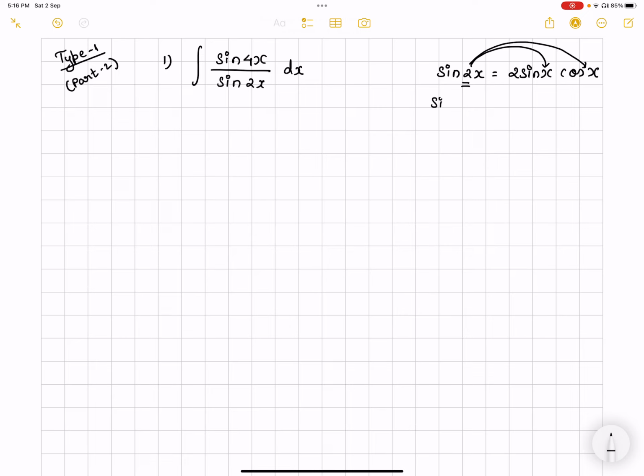If I have sine 4x, in that case, I would be getting 2 sine 2x cos 2x. It is nothing but sine of 2 times 2x. That is what has happened.